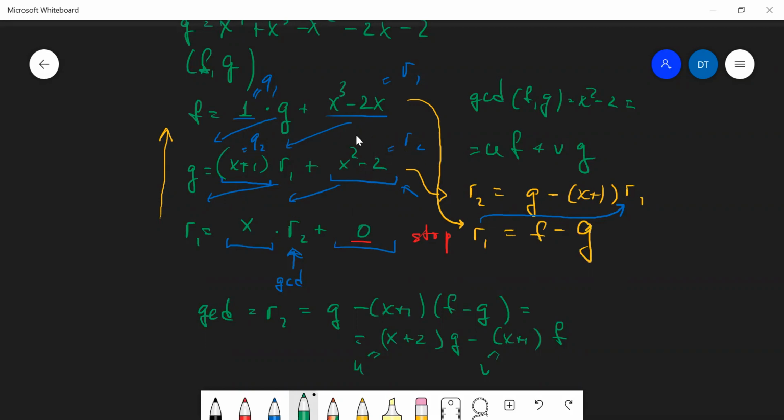So you just express the remainder on the kth step as a linear combination of f and g and substitute into the next line, and then you express the remainder of the next line as the linear combination of f and g. So here you need two substitutions. All these substitutions are represented by the blue lines.